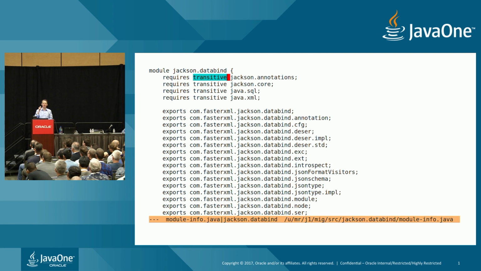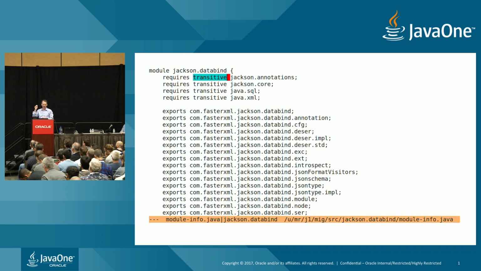If module A requires B, and B exports some packages, then module A can use the exported packages in B. If some third module X requires A, it will see the exported packages of A, but it won't see the exported packages of B unless X also requires B. But if A uses B in its own APIs, then as a convenience to users like module X, it should do a requires transitive, and it provides a convenience.